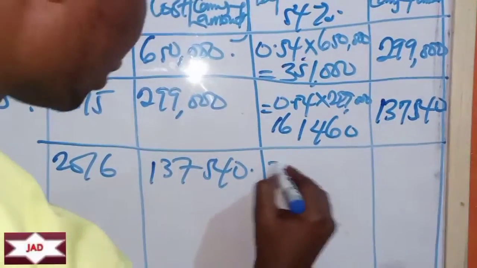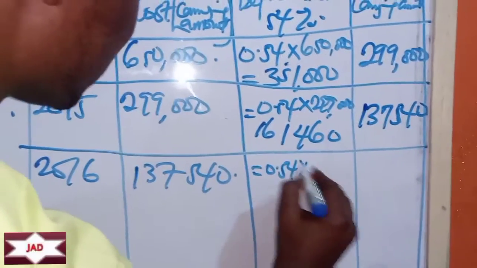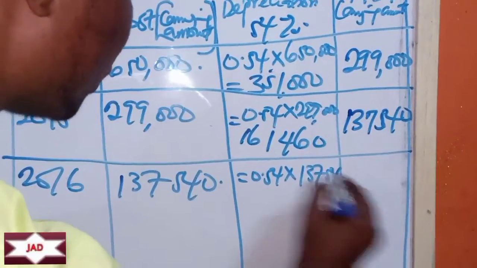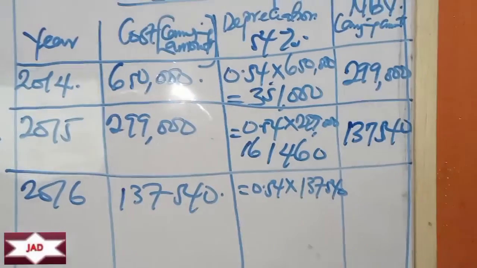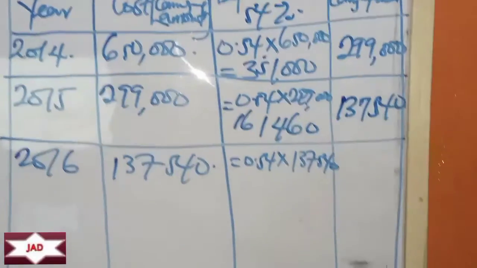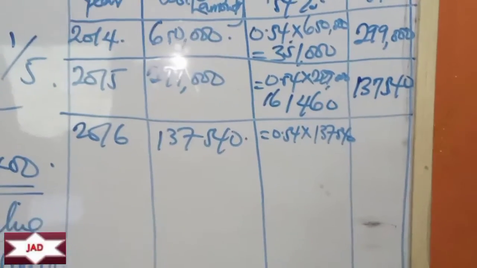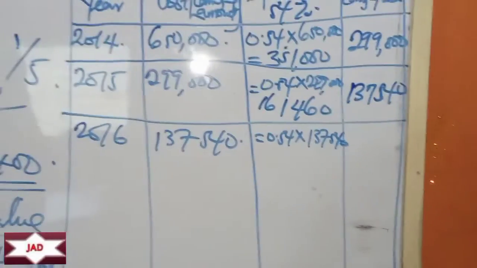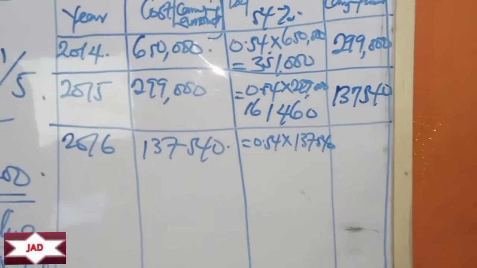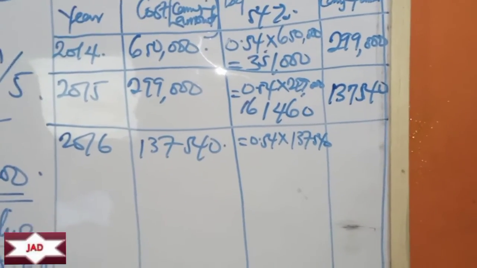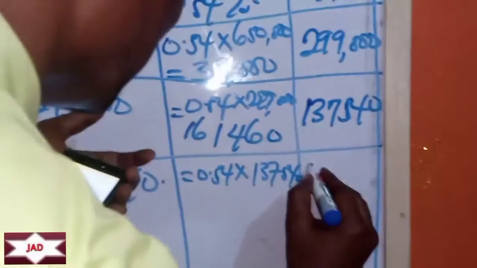So what's the depreciation now? That will be equal to 0.54 times 137,540. So I'm having 74,271.6.